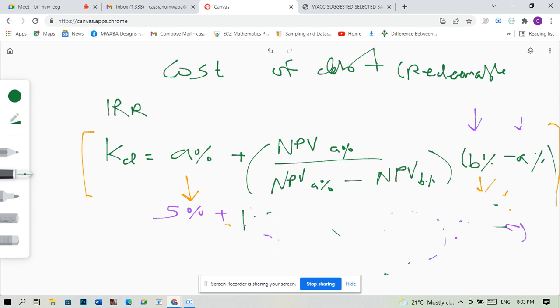And then we're going to add it with this 5%, which is going to give us 6.51%. Okay, questions? So that is our cost of debt.